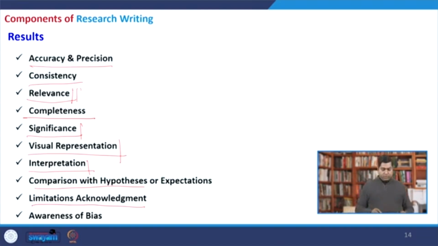So like that you also need to make the limitation. Then awareness of the bias, especially when you go for public opinion, there might be some biasness, so that you need to acknowledge.